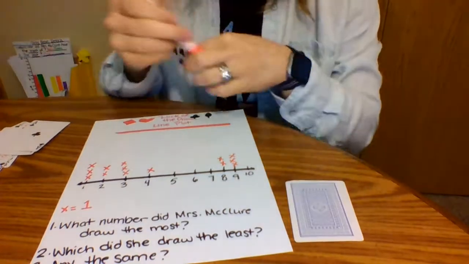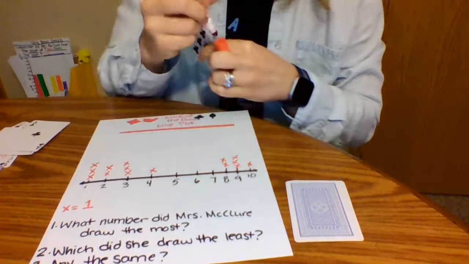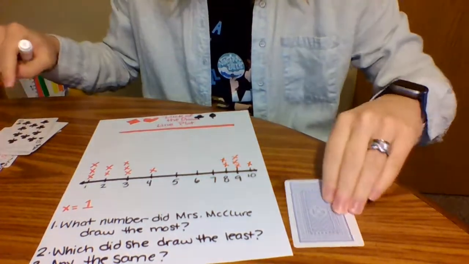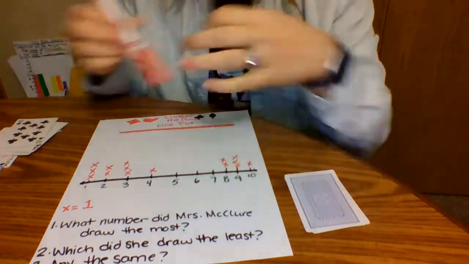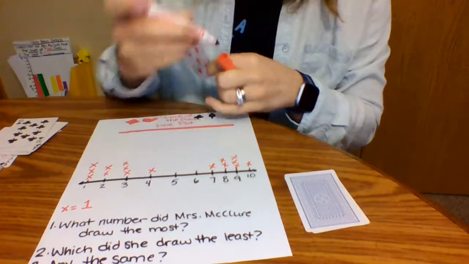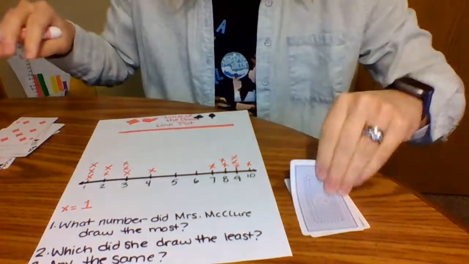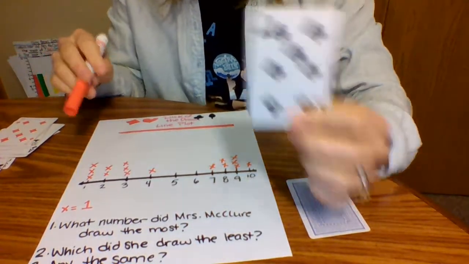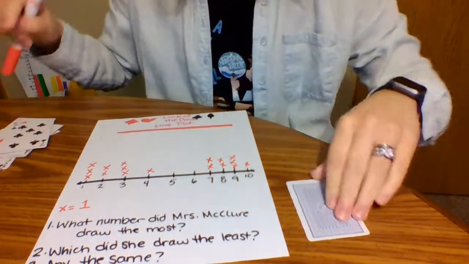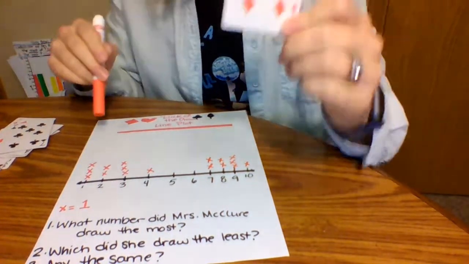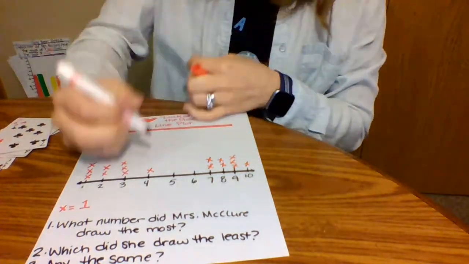Ooh, that's a new one. So I only have a few cards left, so I can't wait to see what the graph looks like. But as you can see, this is pretty easy to make. It's very easy to read. You can easily tell how many I have of each one.